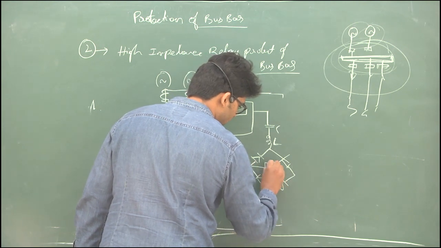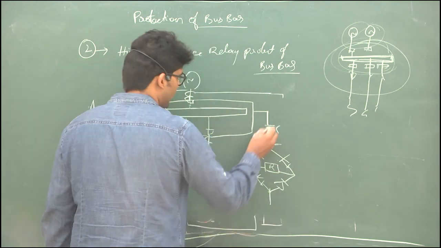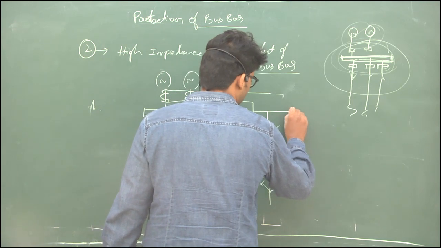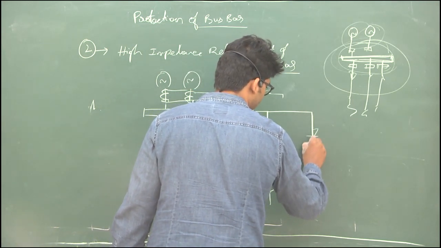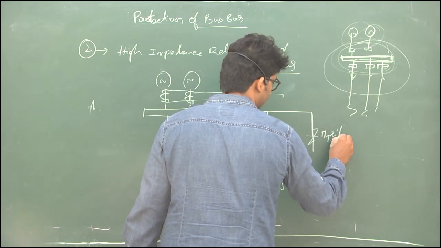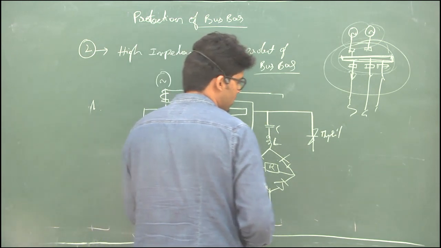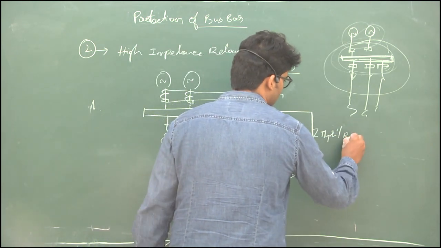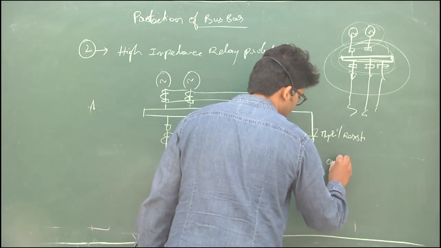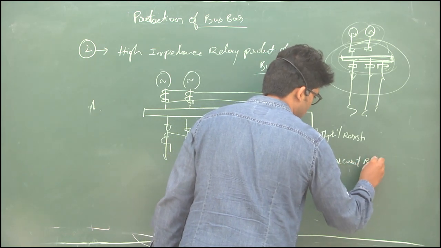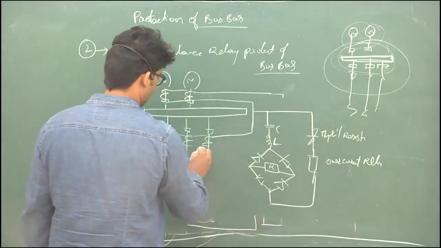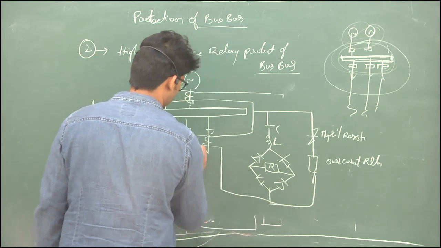In the middle of that we keep the required relay, and this is further connected to a triac resistor, and then further to an overcurrent relay.